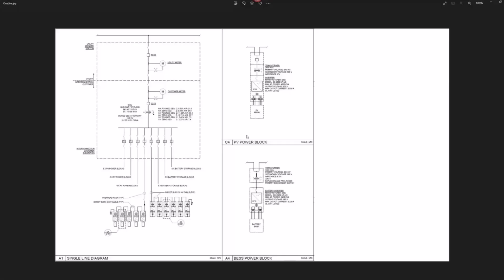And IEEE 519 2022 also mentioned the applicability of the 519, 1547, which is a DER standard, and also the 2800. So we will talk about, first of all, how to model the IBR-based power plants in EasyPower, which includes the power flow model, the short circuit model, and also the harmonic model in EasyPower.